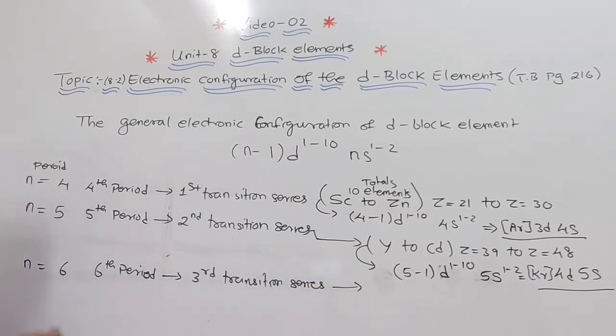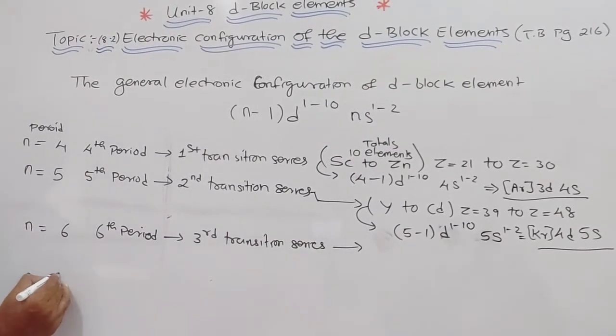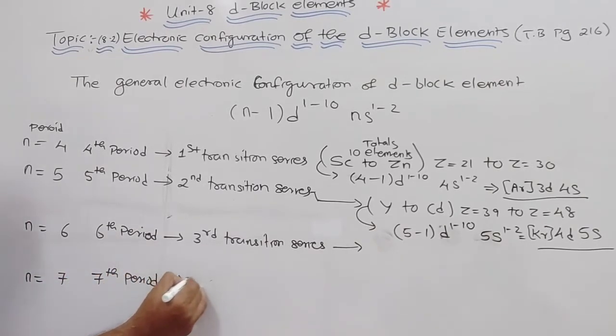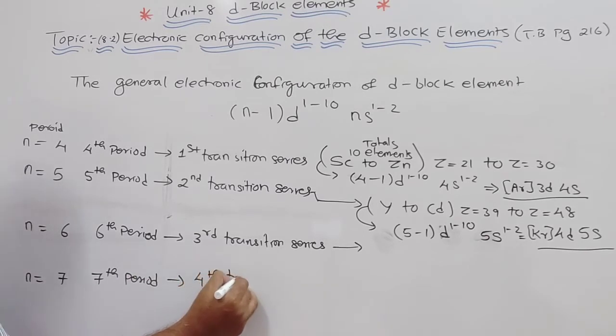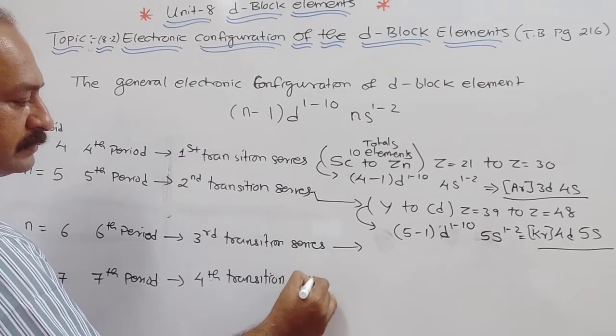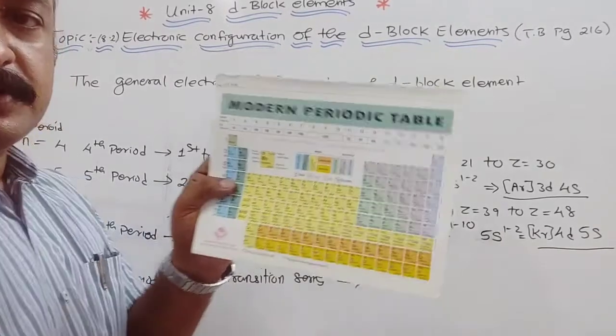So for the fourth transition series, n is equal to 7, seventh period. Clear? So when we say sixth period, you can see here the sixth period that is given.